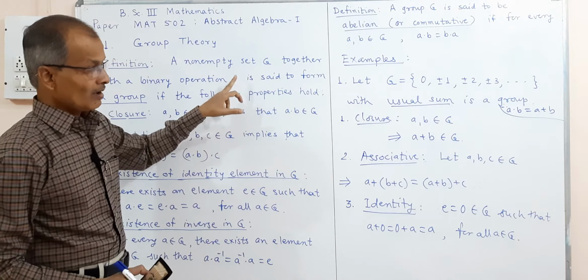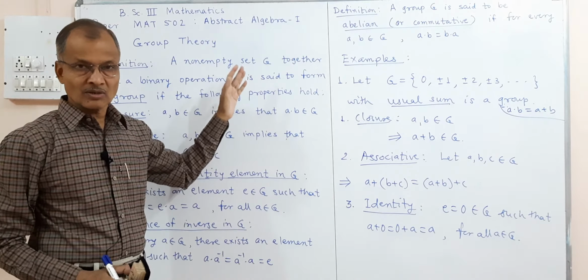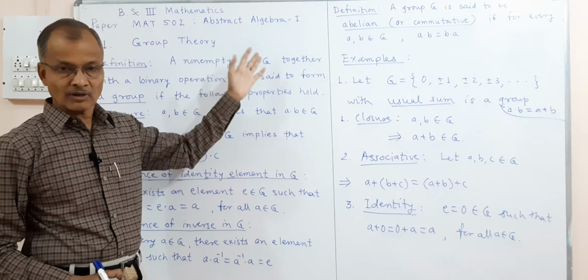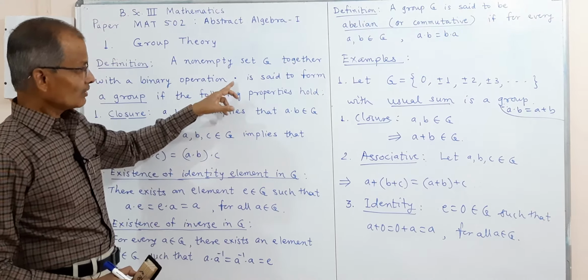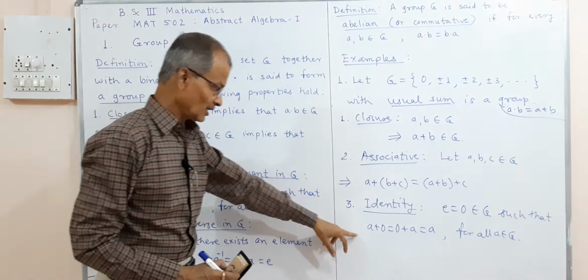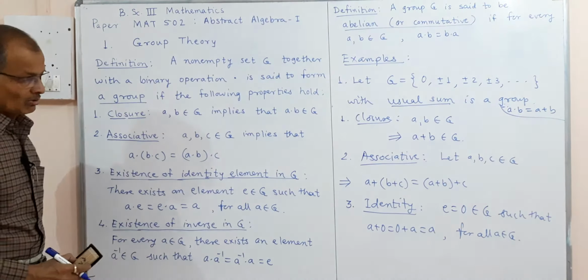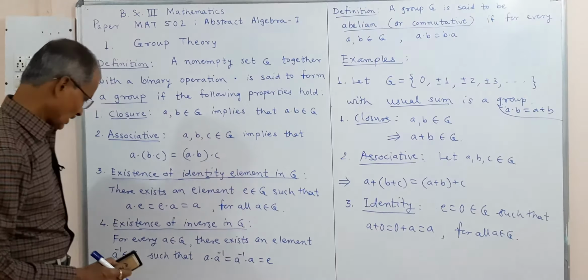That may be addition, subtraction, multiplication, division, or any other operation defined separately, and therefore that type of symbol we are using. Here it is addition, and 0 is the identity for usual addition.